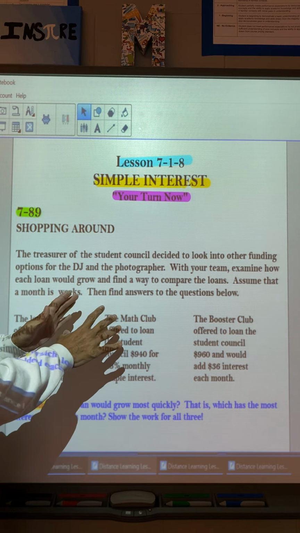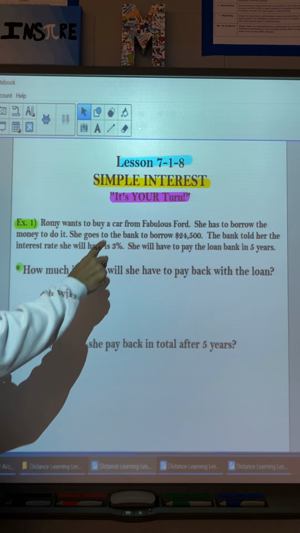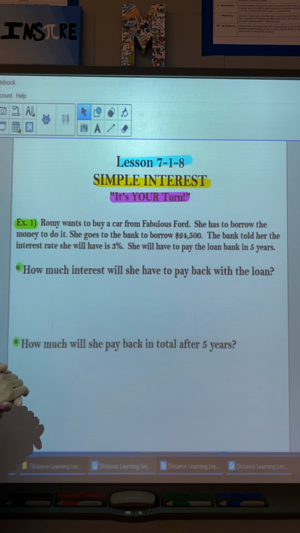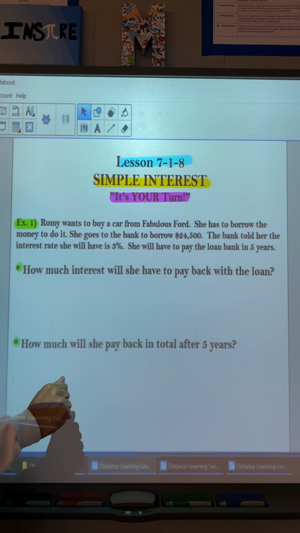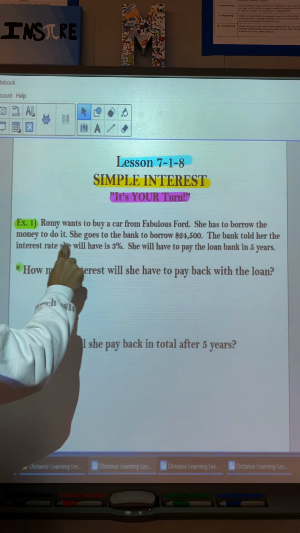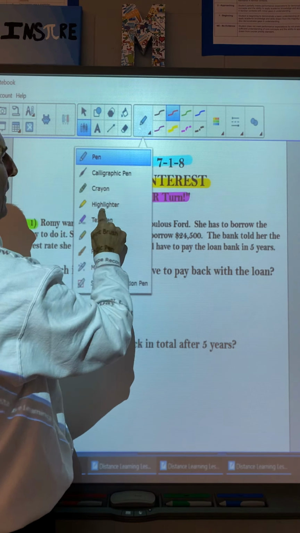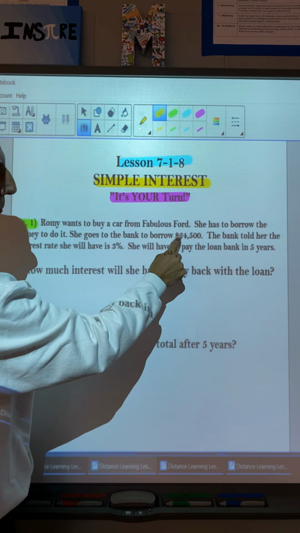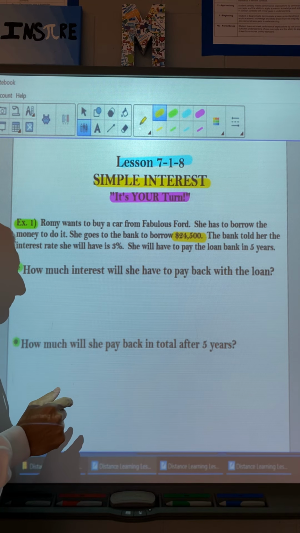So this is problem number 1 you have to do. The second problem that you're going to do is this one. I made up this one, so it is not in your book. Romy wants to buy a car from Fabulous Ford. She has to borrow money to do it. So she's going to go to the bank, and she's going to borrow $24,500.